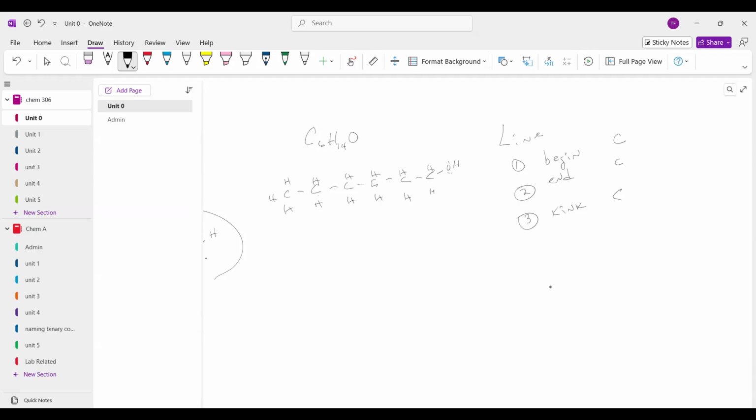Don't everyone answer at once now. Okay, so 1, 4 for each of the carbons. Exactly. Each carbon is 1, and then we have 6 total. So 6 minus 2 is 4. That's the extent of the math we're having in this class. So we need 4 kinks, a beginning and an end.